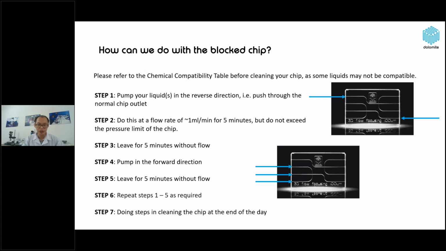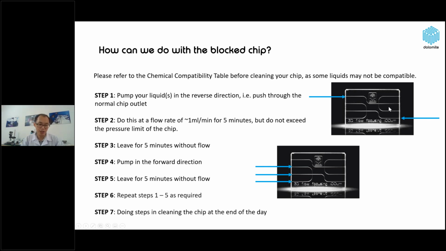So you connect from the output of the chip and pump from the output to the input of the chip. You can see here, for example, the 3D flow focusing chip: this one is the input and this one is the output. We connect the output with the solvents and flush the chip this way, and any contaminant should be more easily removed.